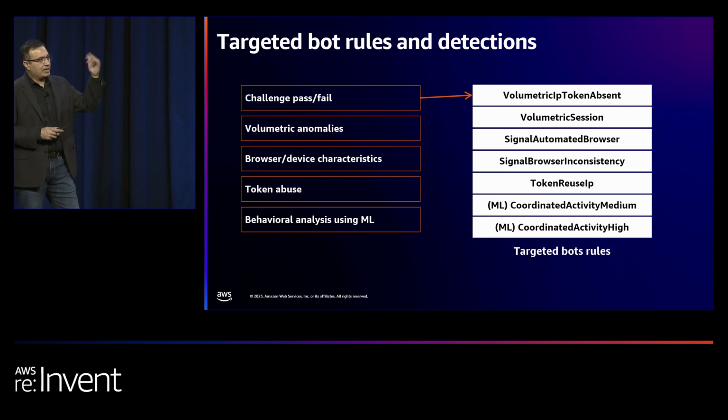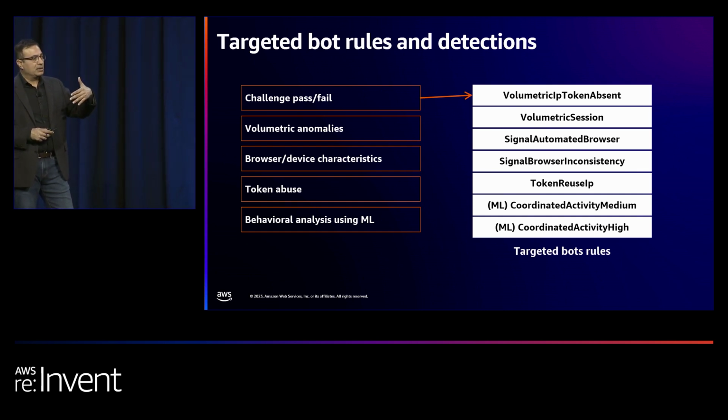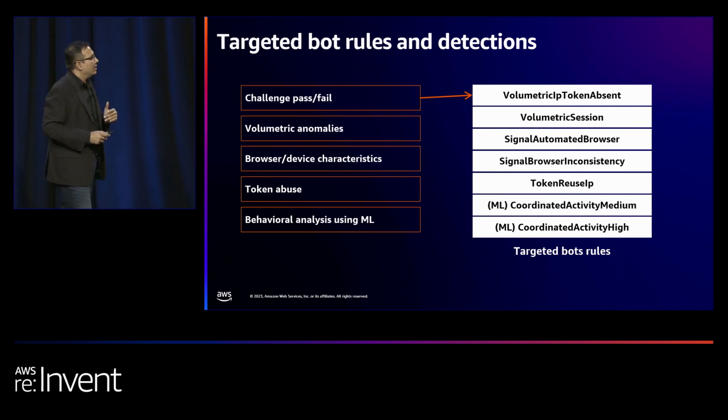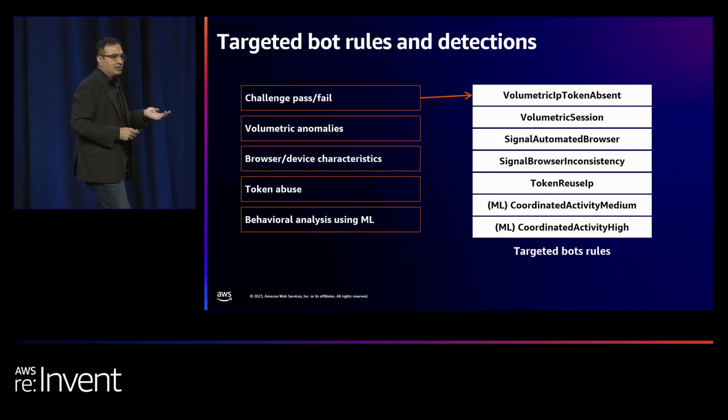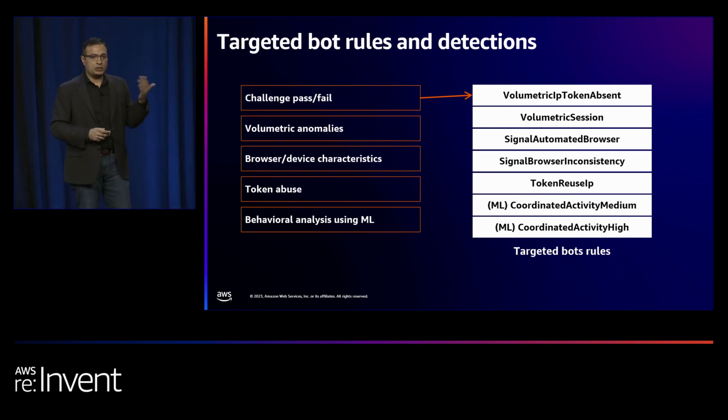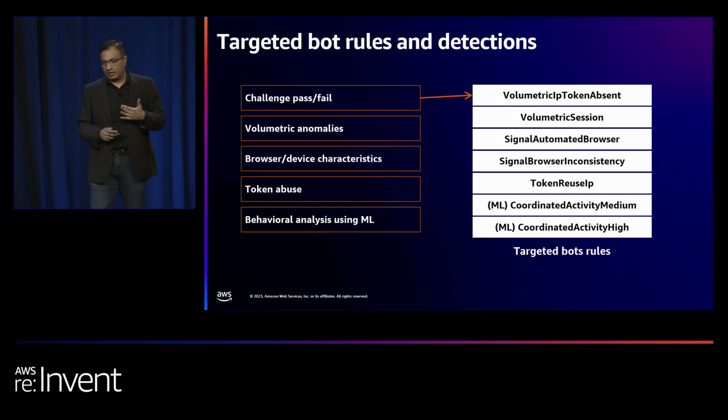And if the client hasn't yet acquired a token by any other means, at that time, AWS WAF will force a token acquisition. And if the token acquisition fails, then it blocks that request right there. So any subsequent requests coming from those IP addresses are going to get blocked.